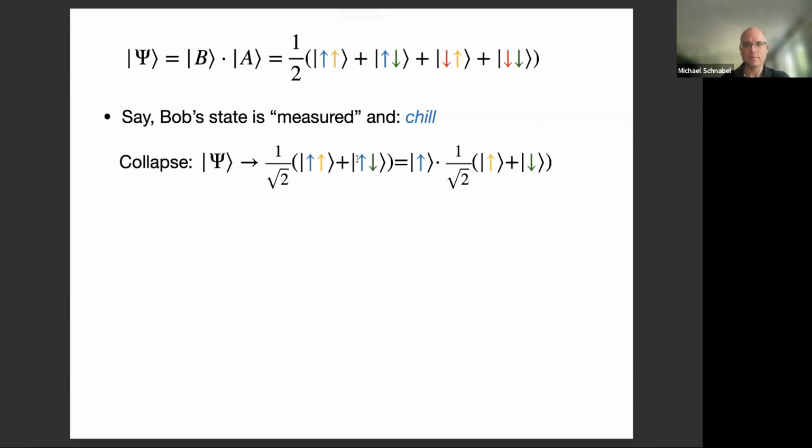We only assessed Bob, so all these contributions where the first spin is red drop out, they're projected out. So we will end up with this state. And this can be rewritten as the product of Bob's state times the superposition state of Alice.